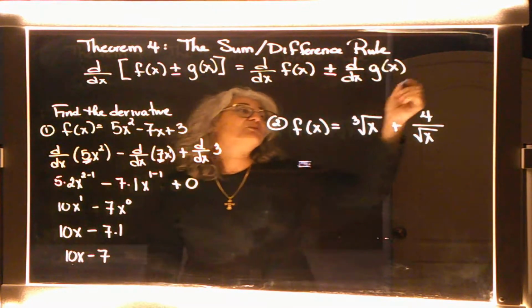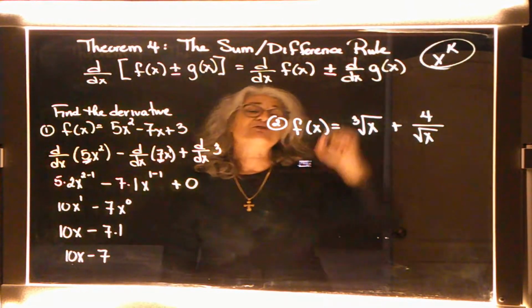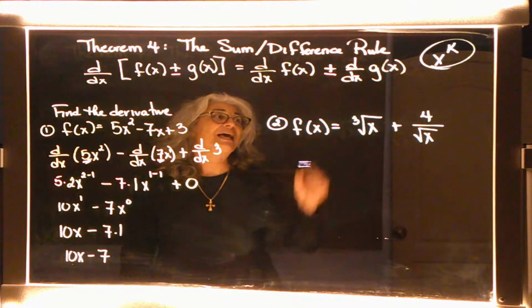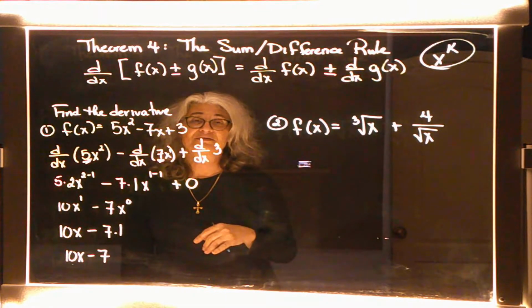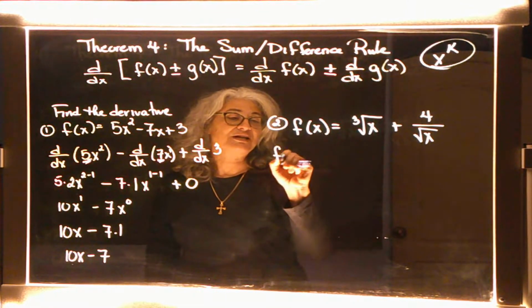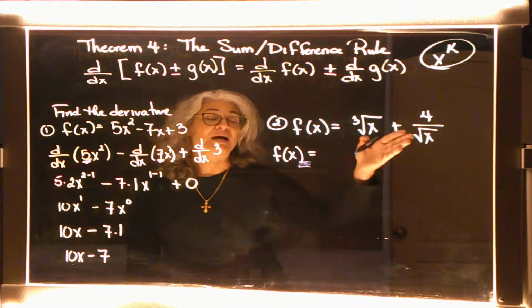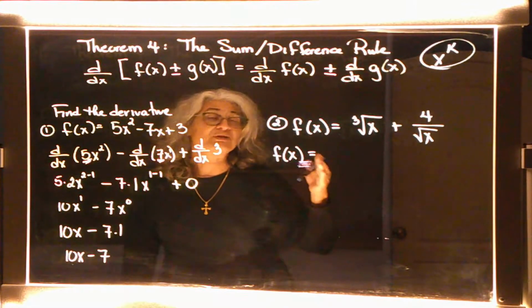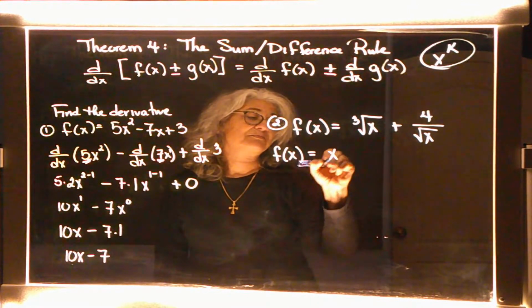Notice, theorem number 1, the power theorem, x to the k, this is the only one that literally is telling me how to take the derivative of a function. Which means every time I get a function, my goal is to rewrite these or have them written as x to a power. So that's the cubed root of x.